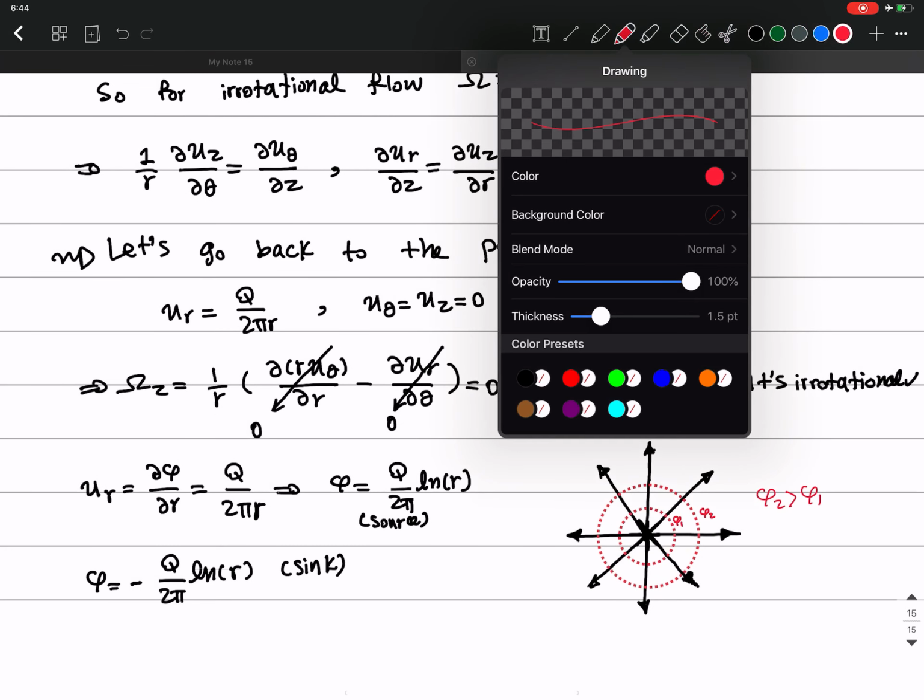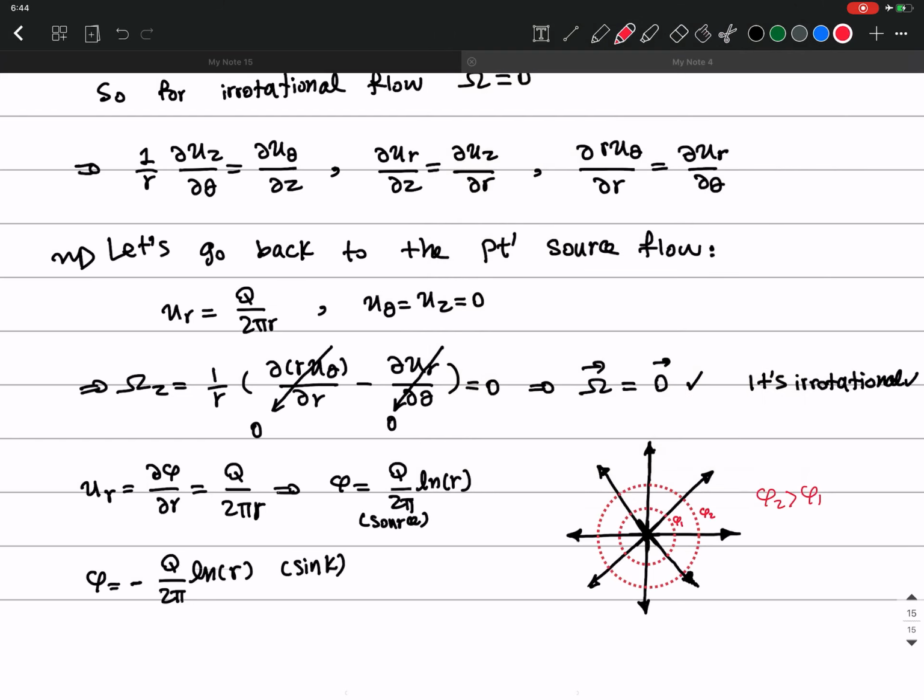Okay. So these are actually going to be the velocity potentials, right? If you want to plot those velocity potentials, this is how they will look in the source flow.